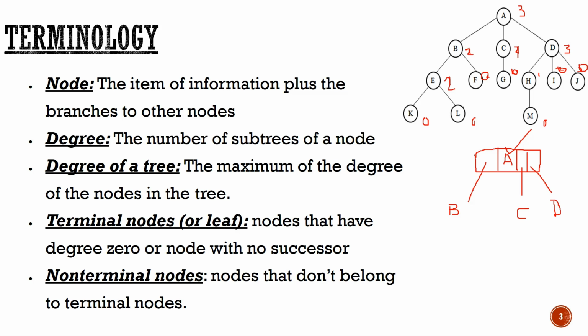We have the values 0, 1, 2, and 3. Correct? What is the maximum value? 3. 3 is present in two places: the degree of A is 3 and the degree of D is also 3. So you can take any value. The degree of this entire tree is 3. That is the maximum of the degree of the nodes in a tree. We call it the degree of a tree.